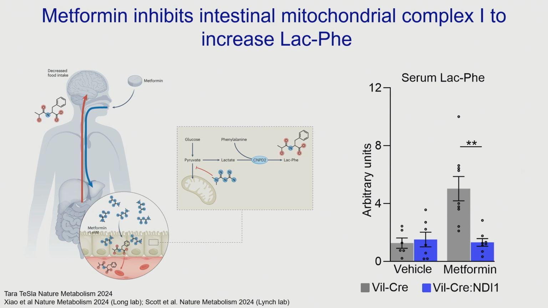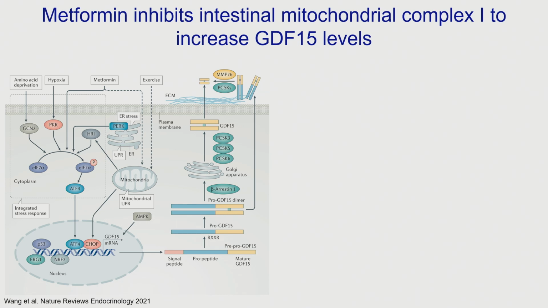The other one that's come out of the gut literature is GDF15. Again, I'm not going to get into controversies about whether these things have anything to do with body weight or glucose homeostasis. To me, they're great papers because they're nice outputs of what the gut is doing with metformin, right? Metformin is known, through the integrated stress response, to increase GDF15.